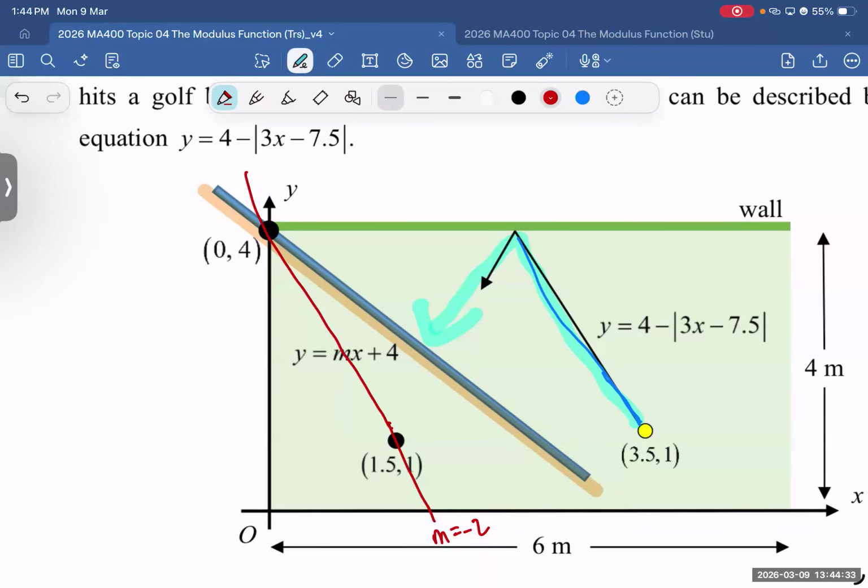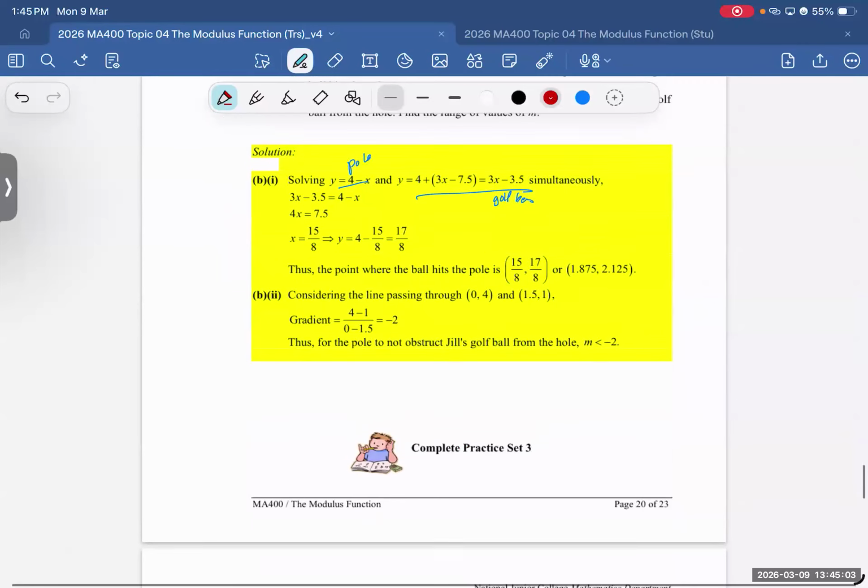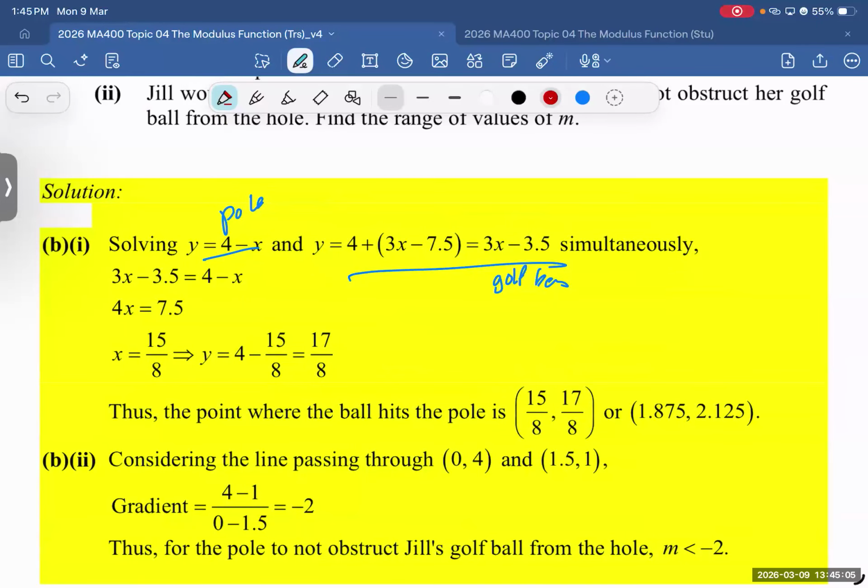I'm pivoting around this point, but I want to make sure that I shift back. That means what must my gradient be? Maybe negative 3. Steeper, right? It must be less than minus 2. Then the ball can go to the hole. So that is the question.